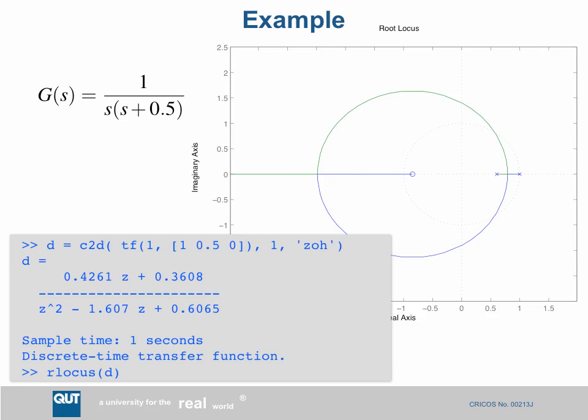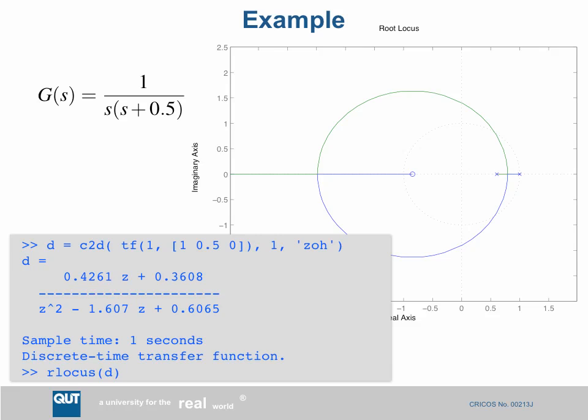We can see another pole at around a half, which corresponds to the other pole of our continuous time system. And we can see a zero at maybe minus 0.8 or something like that. This is referred to as a sampling zero. When we discretize a system, we tend to introduce a zero, and it's generally in that negative part of the real axis, somewhere between 0 and minus 1.